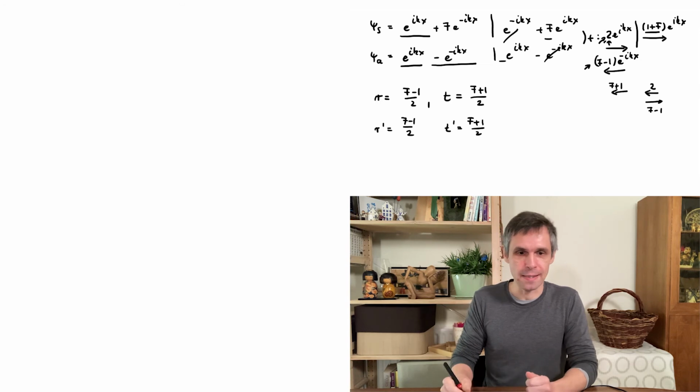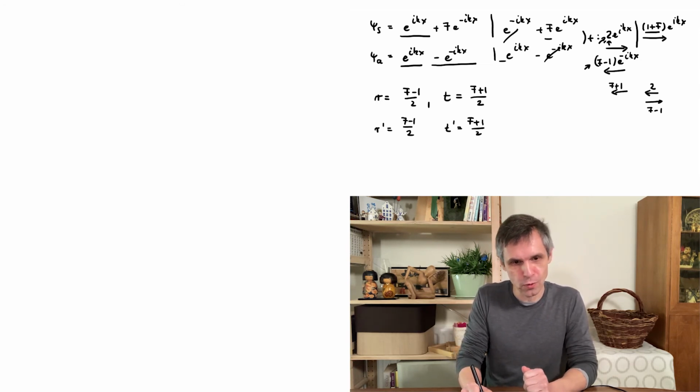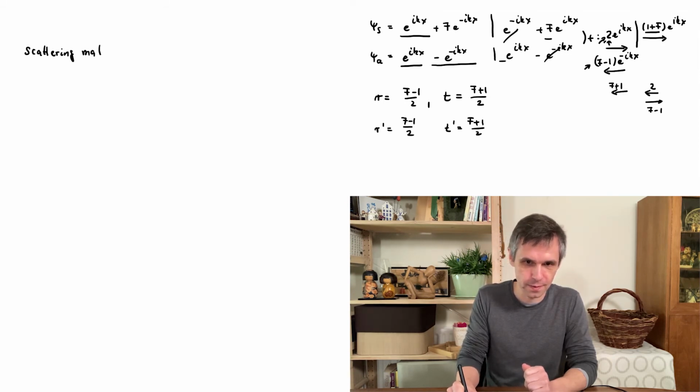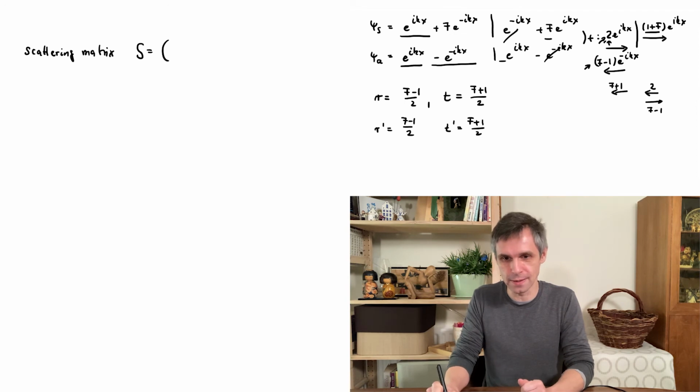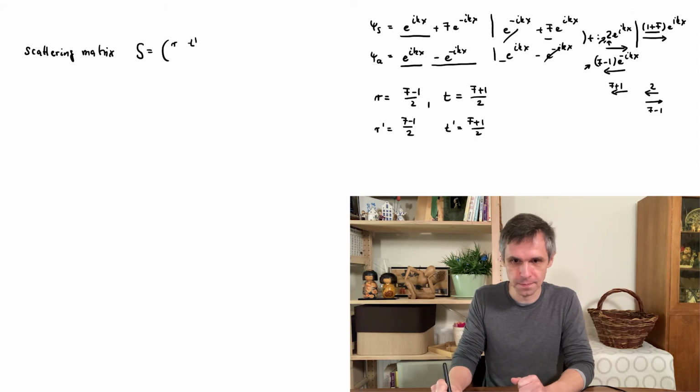Now we have constructed some very specific solutions, but in order to construct the most general solution, it is convenient to introduce the so-called scattering matrix. This is denoted as S and collects all this data into a single mathematical object, namely a 2x2 matrix, which has the entries as given here.